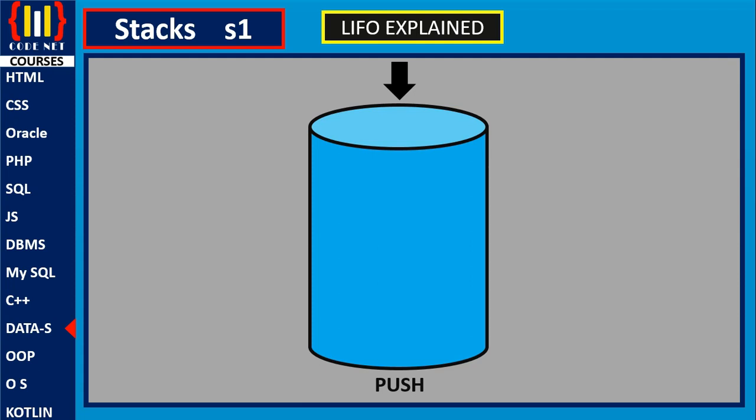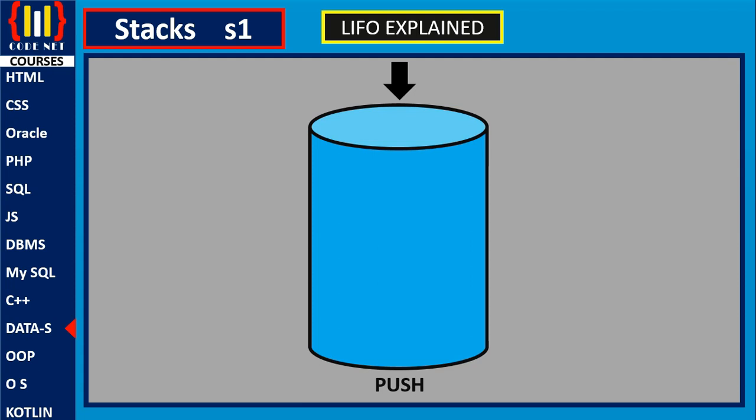The plate that is first to be put into that container is the last plate to come out, because you can't remove the plate on the bottom first while you have a plate on the very top of that container. So that's what a stack actually means. That's what LIFO actually means: last in, first out.